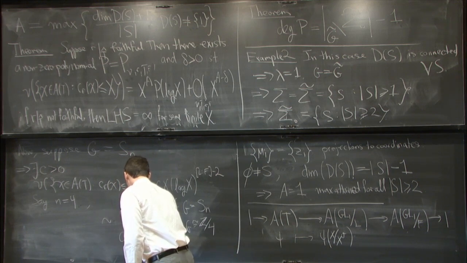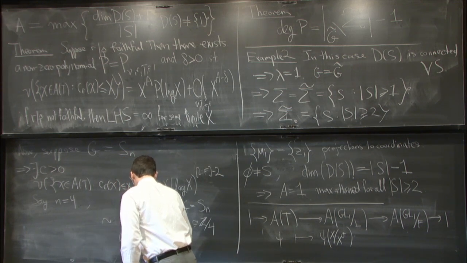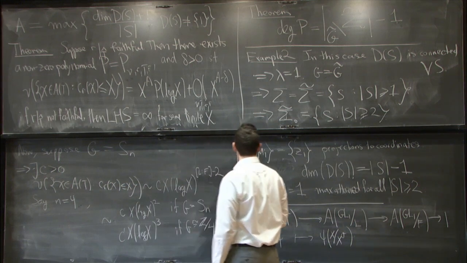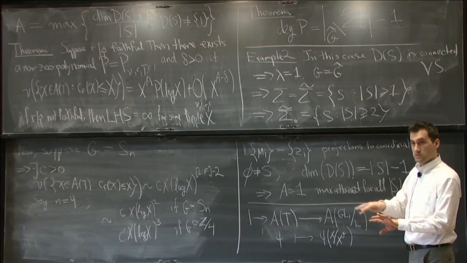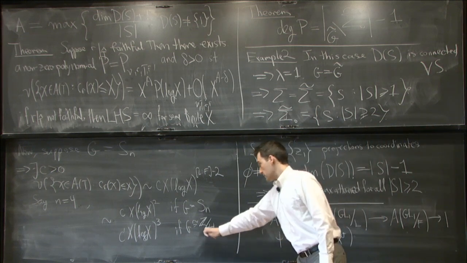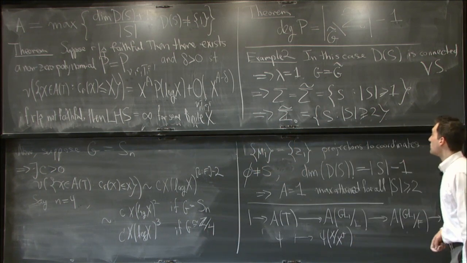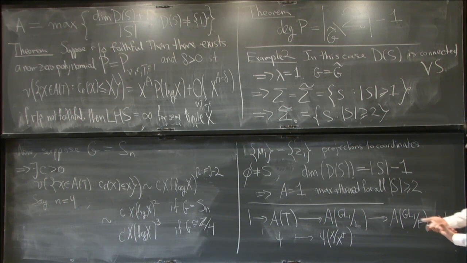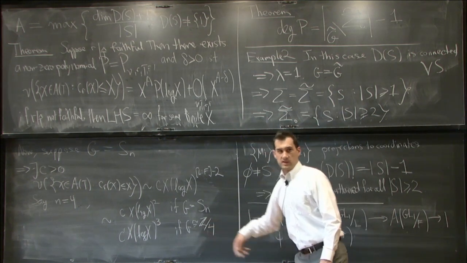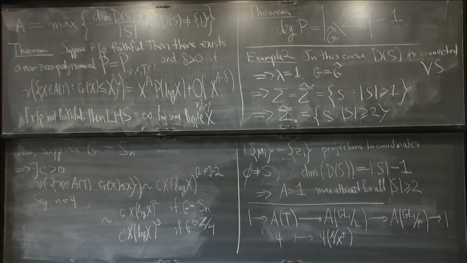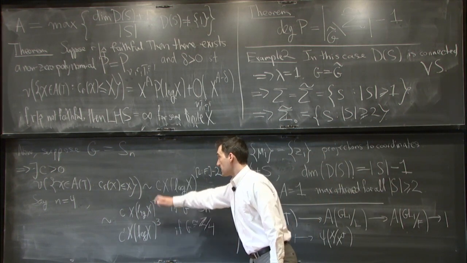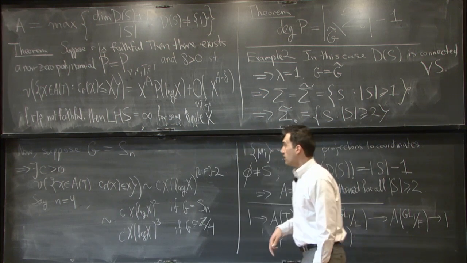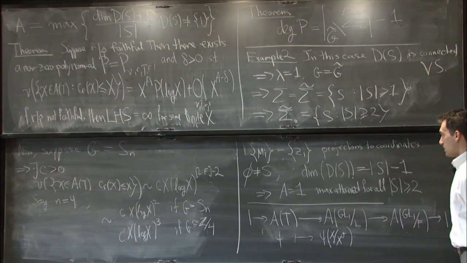I'll write c prime x log x cubed, because the sets of cardinality 2 break up into 2 separate orbits if this is acting by permutations. And then you could compute by hand all the other possible Galois groups for quartic fields. But I think it's really interesting that the exponents are telling us something about the extension.